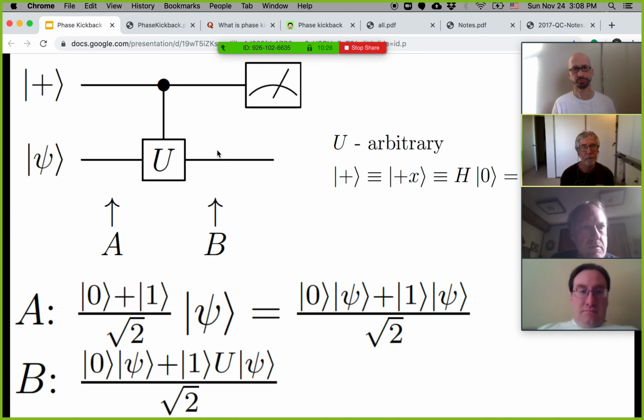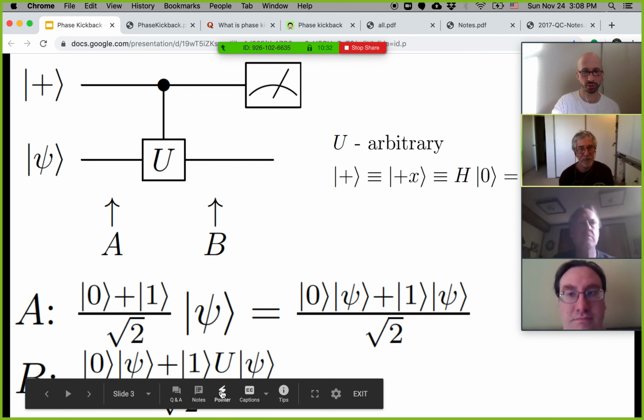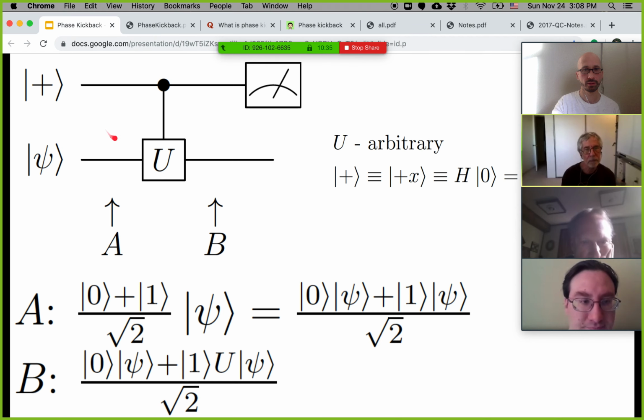Okay, so let's consider this quantum circuit. Let me turn all this red. I'm not sure if everyone is familiar with those, so I'll talk about this a little bit. This quantum circuit contains two qubits.